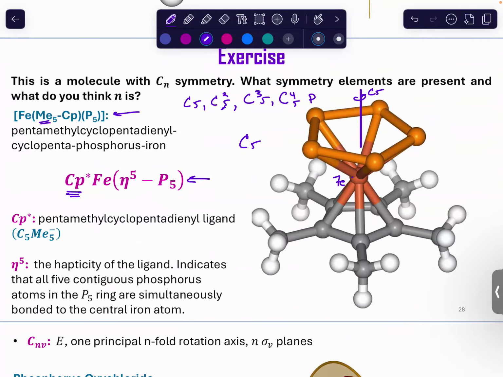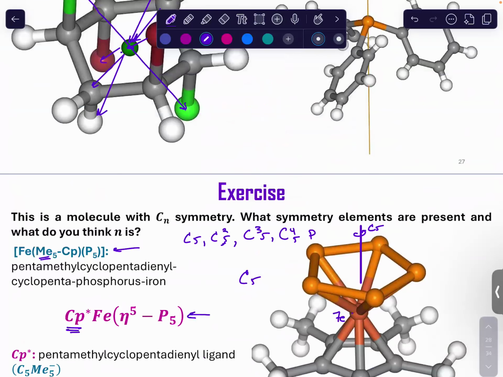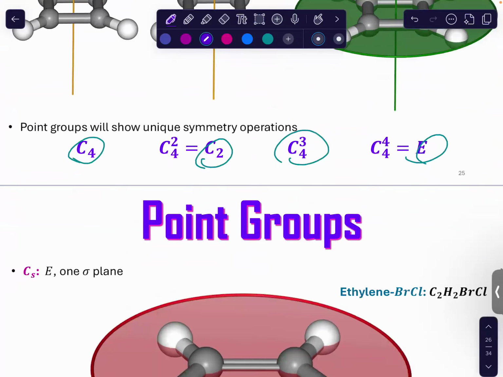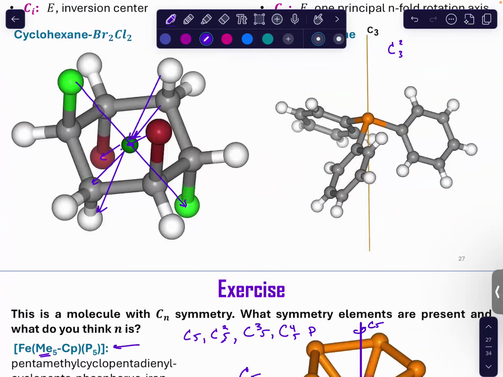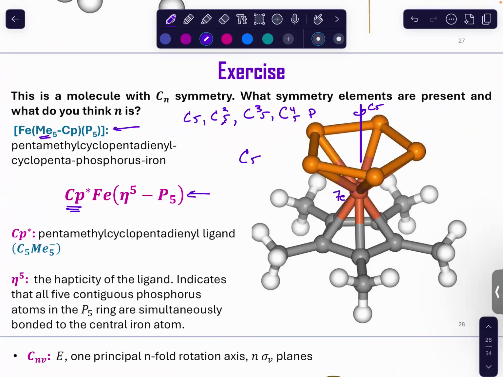And you can see now the successive operations. I want to try to reuse the right terminology. You can see that C5^5 is not going to be unique because that's identity. So you have those 4 unique elements. So is just the normal C5 also E?